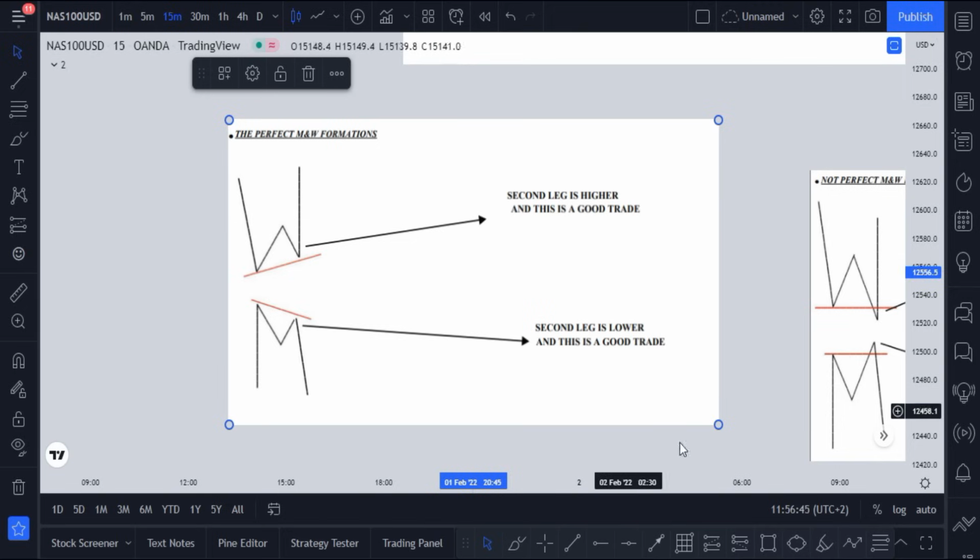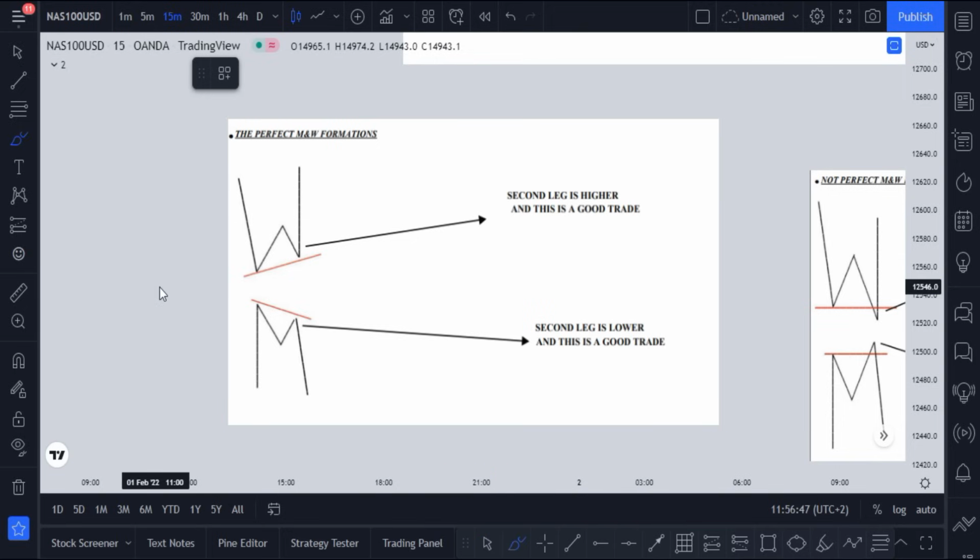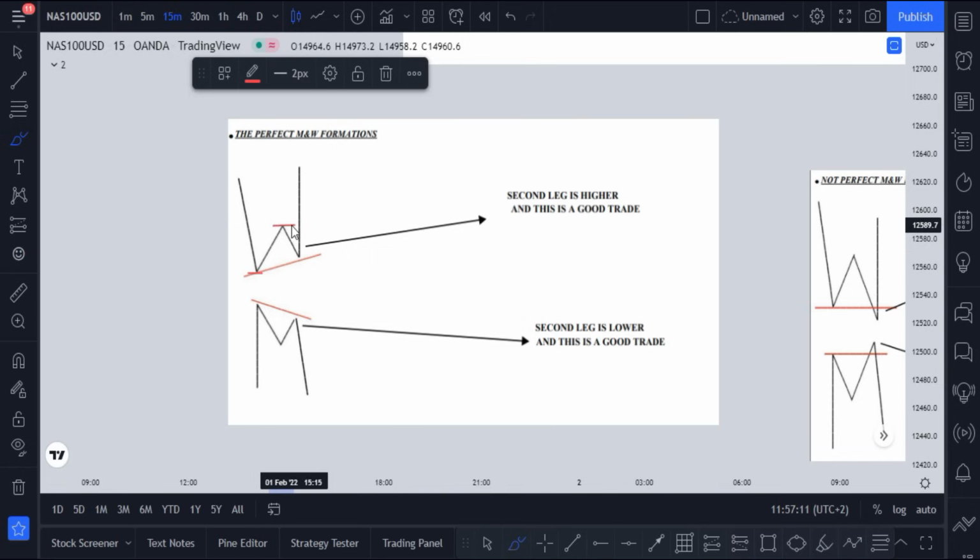Basically, the reason behind this is that they're already going along with the trends that we're trying to catch, right? So as you can see right here, the second leg is higher, and this is a good trade. Why? Because we're trying to get into a buy trade, right? So for us to get into it, remember we always say the trend is your friend, right? So in this case, we're already seeing that the trend is in our favor here, because we are having a low, and then we're having a higher high over here, and then we have a higher low over here, and that confirms an uptrend.